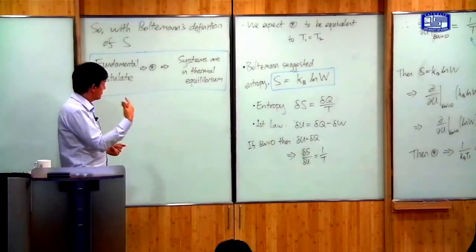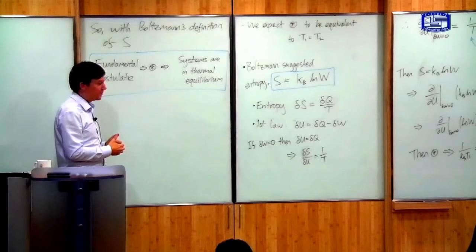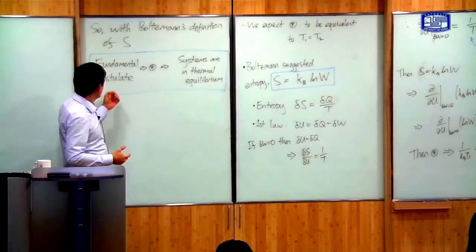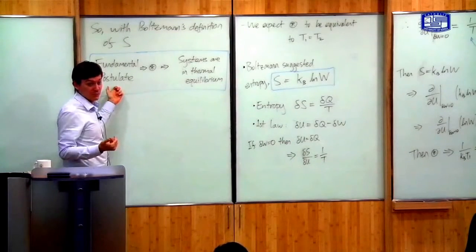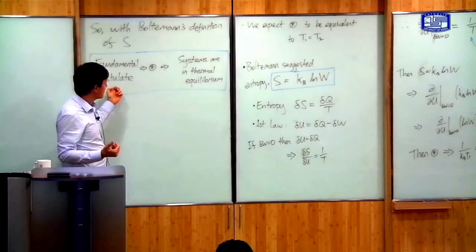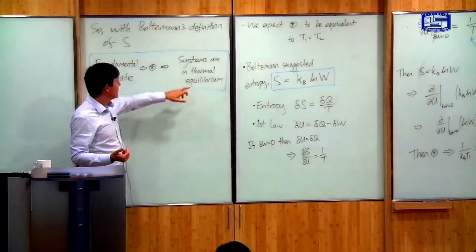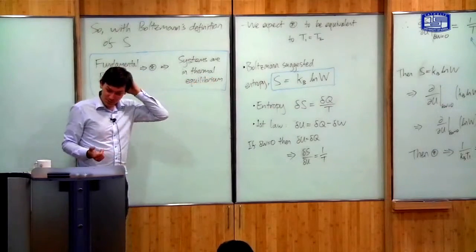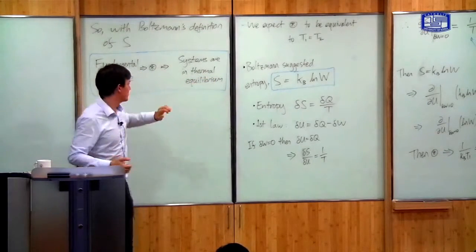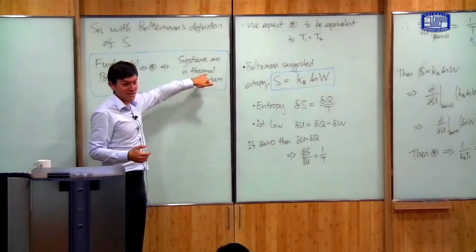Okay, now before we finish, I just want to make one comment about this, which is important. The fundamental postulate says that all microstates of the system are equally probable. And with Boltzmann's definition, if this is true, then the systems are in thermal equilibrium. But we know from our experience that thermal equilibrium does not happen instantaneously.